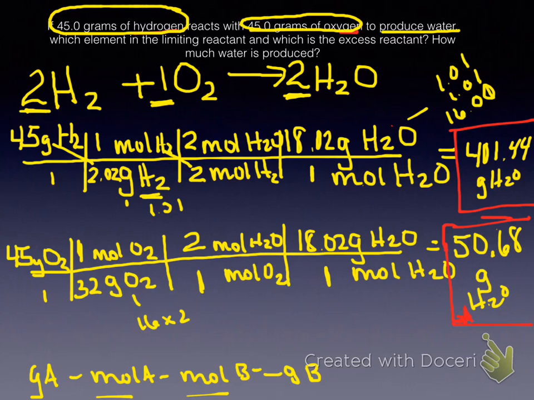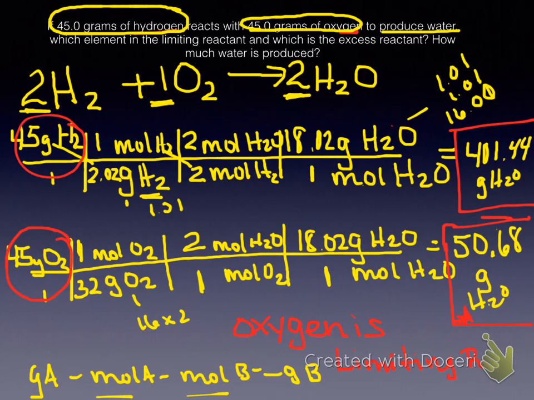So what that tells us is that the oxygen is the limiting reactant, because less water is produced with oxygen. So oxygen is the limiting reactant.